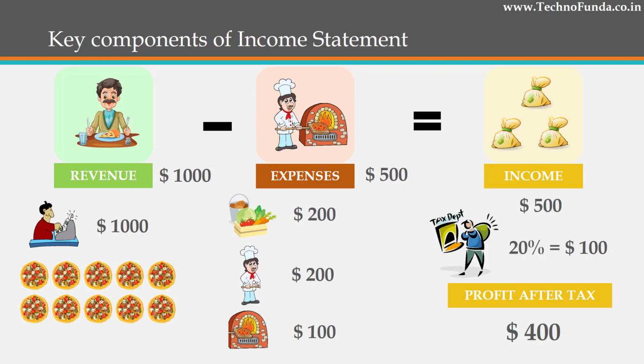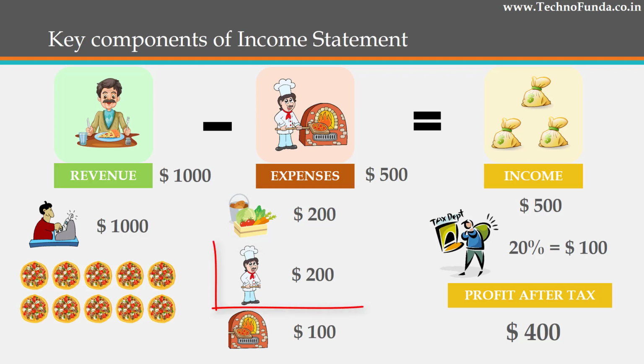Now assume that we are preparing this income statement for 1 week, and that super pizza is selling 10 pizzas during that week. That means if one pizza costs 100, the revenue will now be 1000 because they are selling 10 pizzas. Now in terms of expenses, as we already knew that one pizza cost $20 for vegetables and pizza base, 10 pizzas will cost 200.